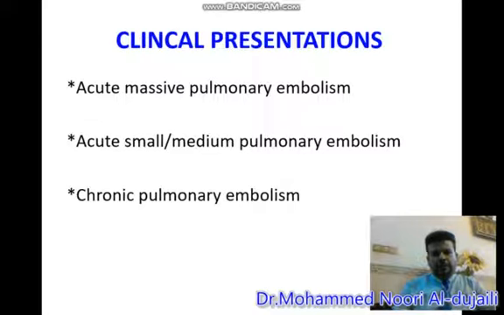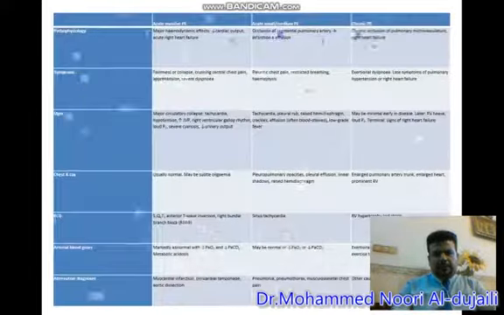Another subject is the clinical presentation of pulmonary embolism, which consists of acute massive pulmonary embolism, as the occlusion of the main pulmonary artery or its branches, the right and left, or it may cause peripheral small to medium-sized pulmonary embolism as in an acute case, or may cause chronic pulmonary embolism as a third presentation.